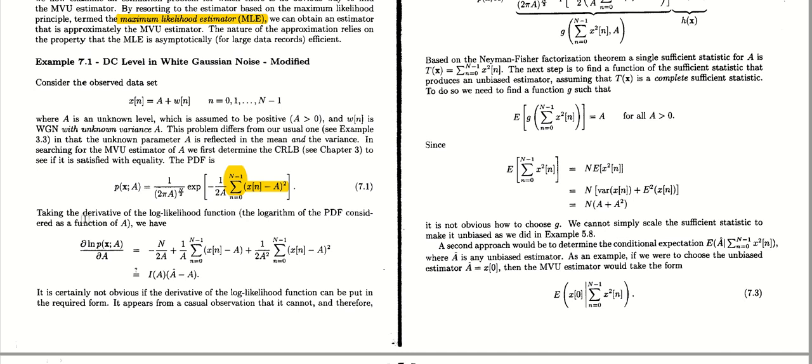Okay, so taking the derivative of the log likelihood function, we have this. You take the log and take the derivative with respect to A, and notice that there is A here, so it doesn't disappear. If it had sigma squared, then this term would disappear, but it doesn't. Okay, so you get this, the summation of that plus this.